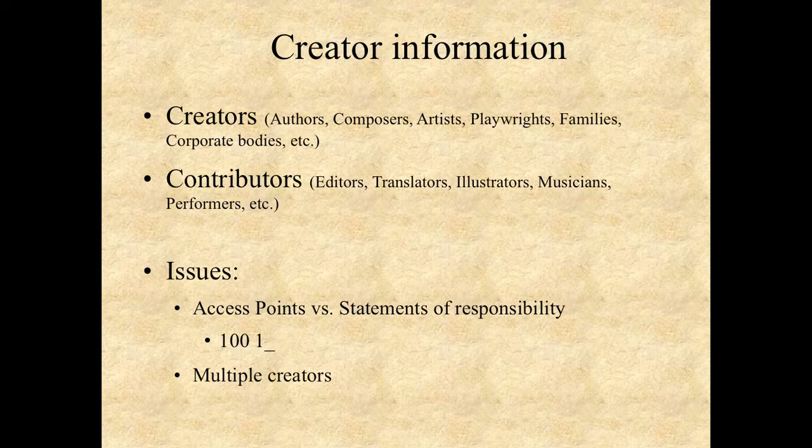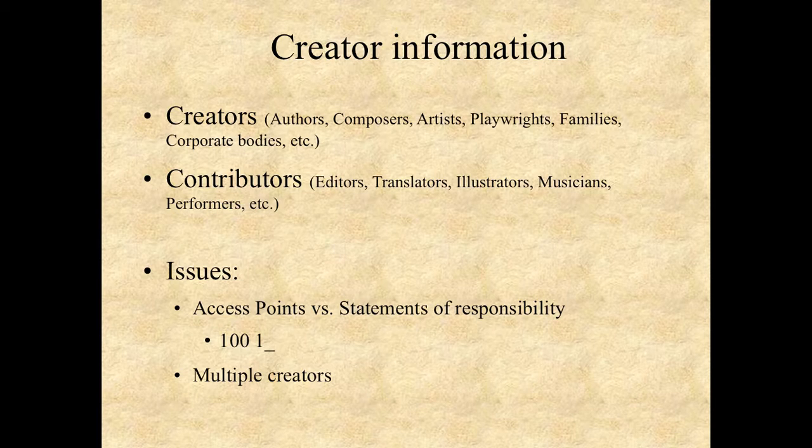But even ignoring access points for now, this is the area, creator information, where we will have things like the creation of statements of responsibility, or simply identifying the responsible parties. There, of course, may be more than one responsible party in the creation of a work.